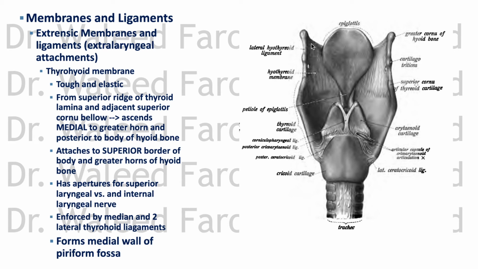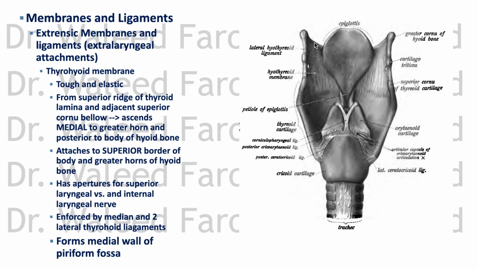Now there is a trick here, and please concentrate. It's logical that the membrane goes up, so it attaches to the inferior border of the hyoid, right? Well, this is absolutely wrong. It goes up medial to the greater horn.